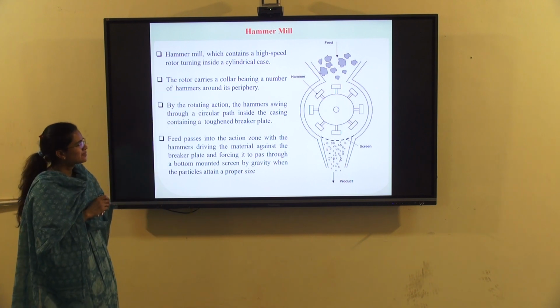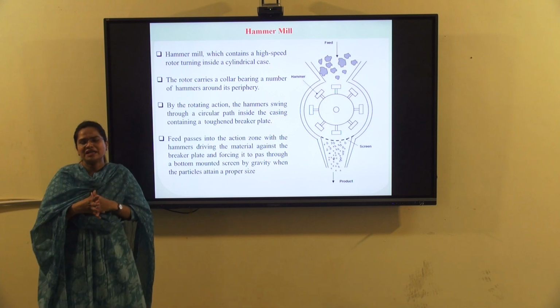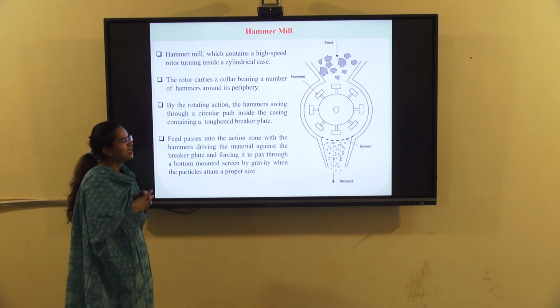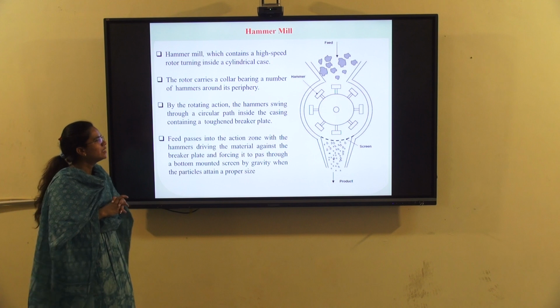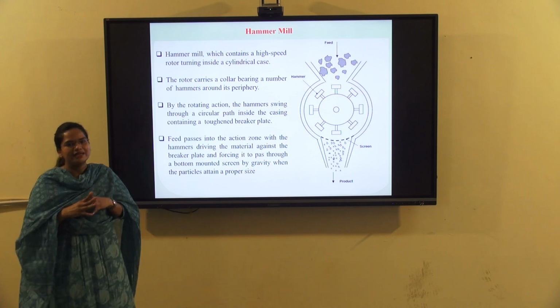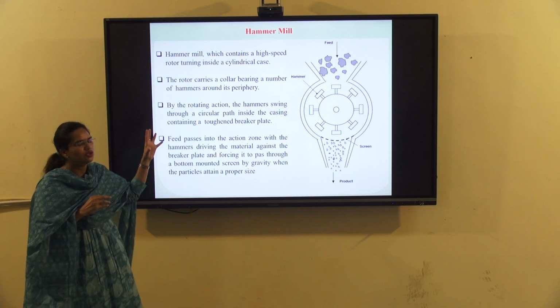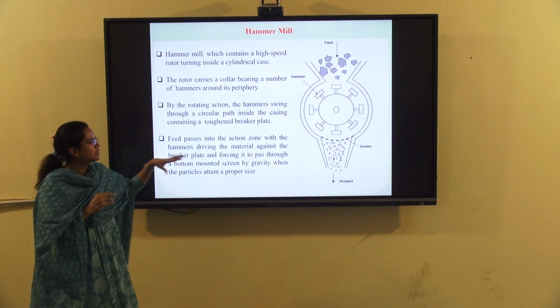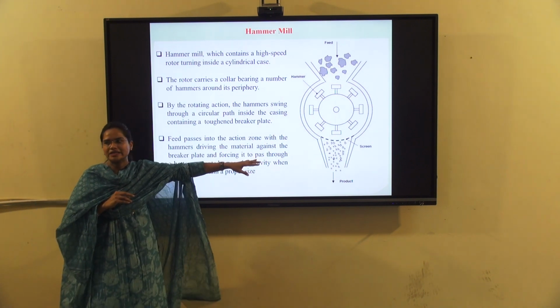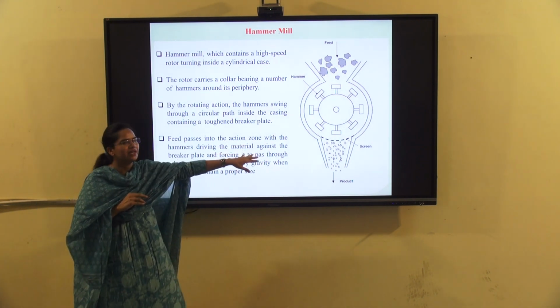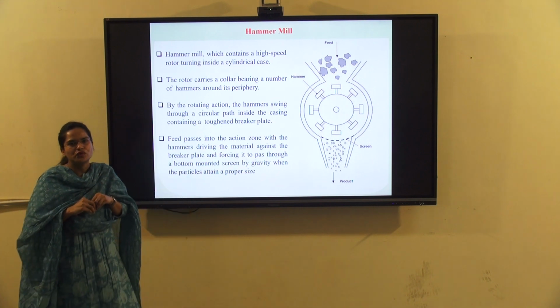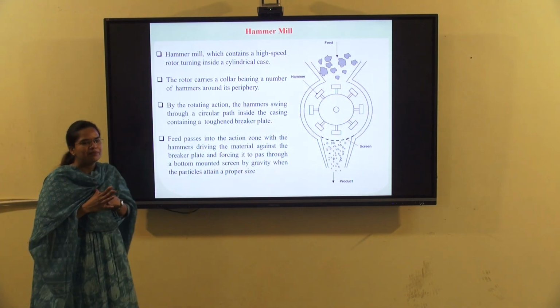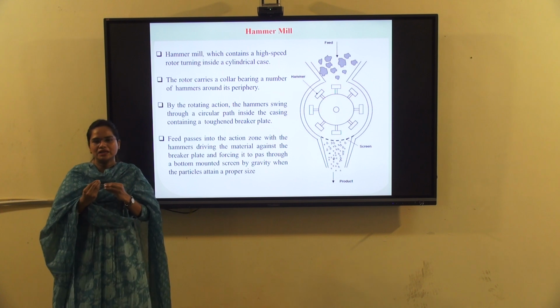Due to the high speed, approximately 1500 to 4000 RPM, the hammers rotate and reduce the particle size, where different types of screens are attached at the bottom of the assembly, particularly used for the fine particle or the required particle size.